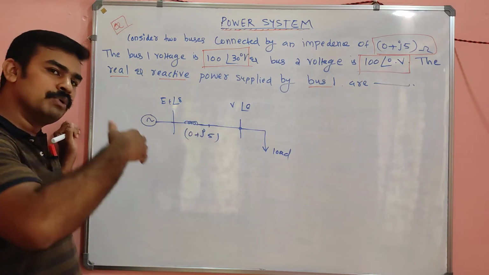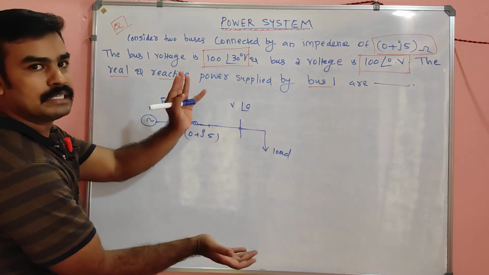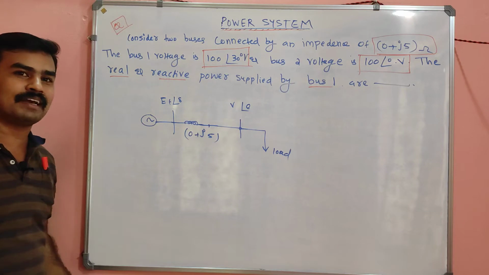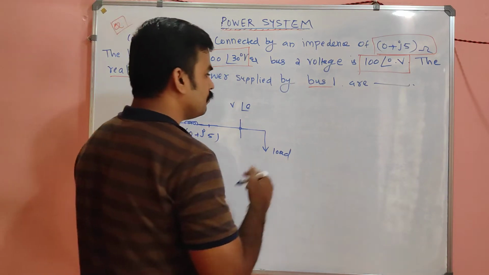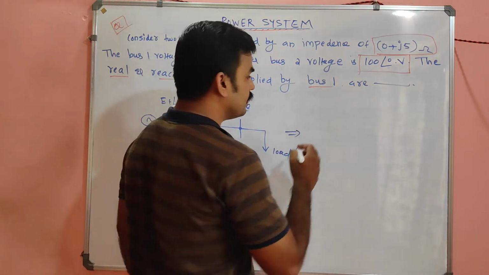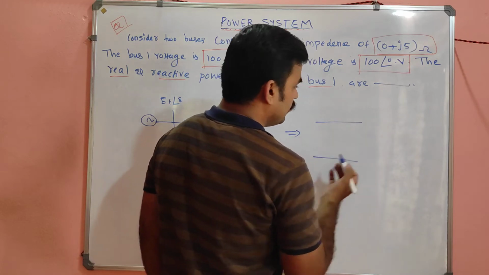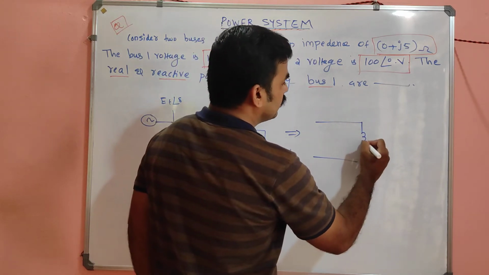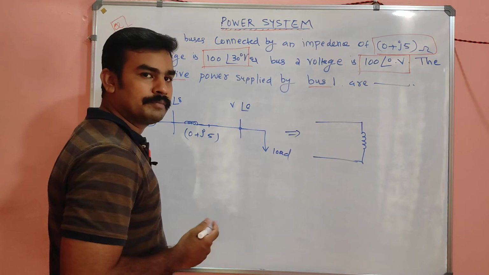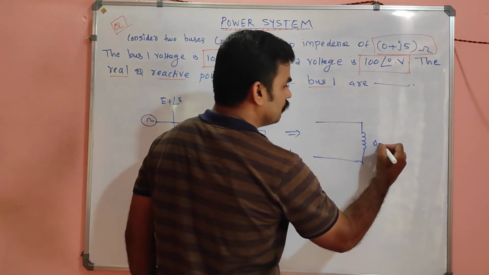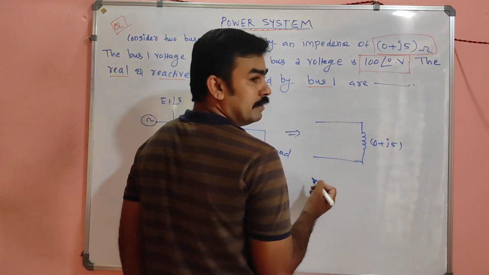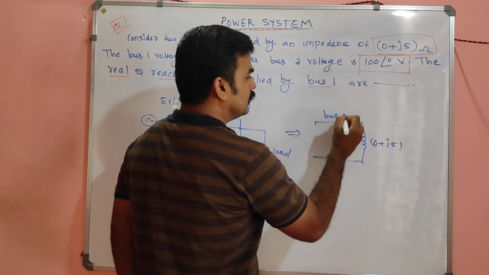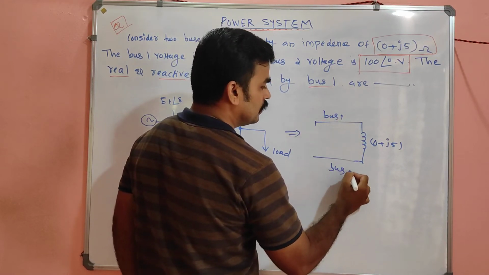You can imagine two parallel buses connected by anything, same thing. You can equally say it is two buses connected by an equivalent impedance, 0 plus j5. This is bus 1 and this is bus 2.